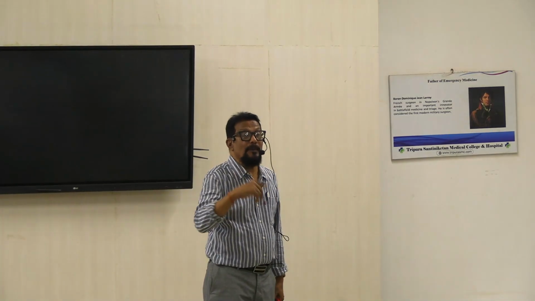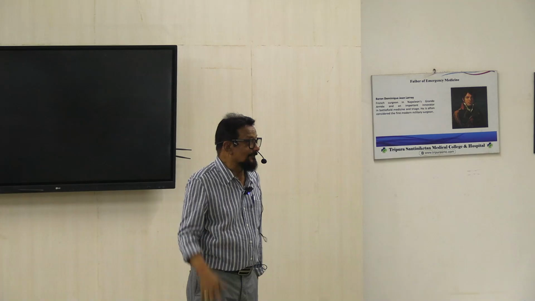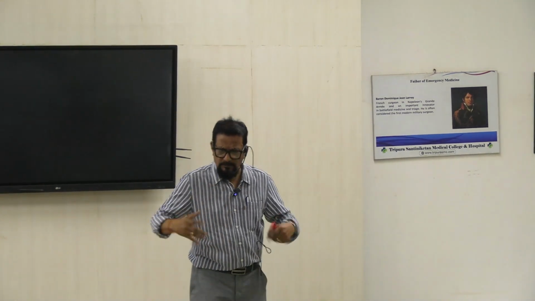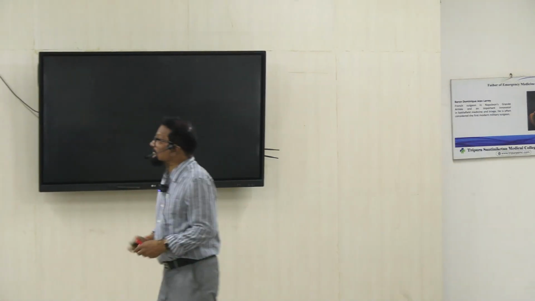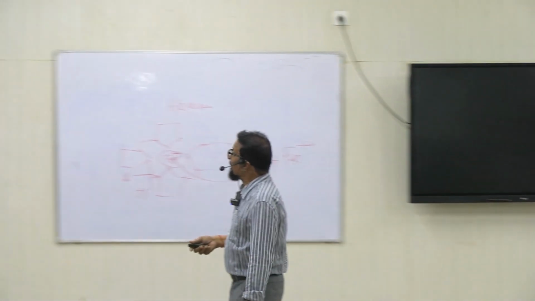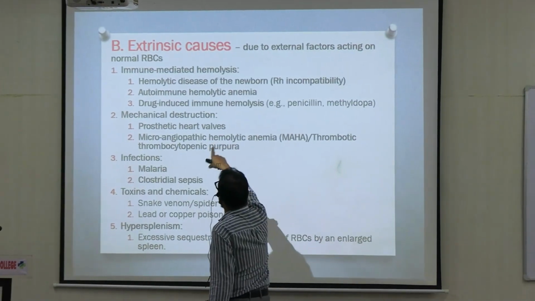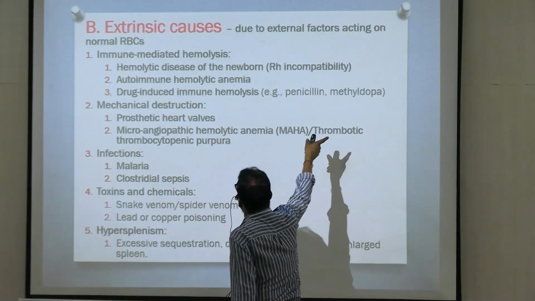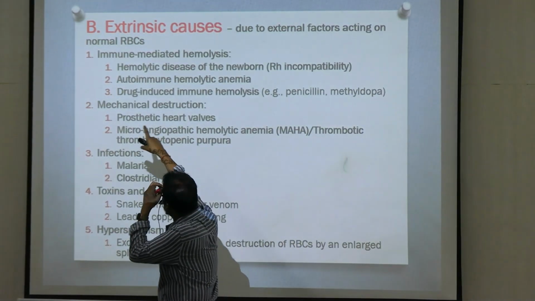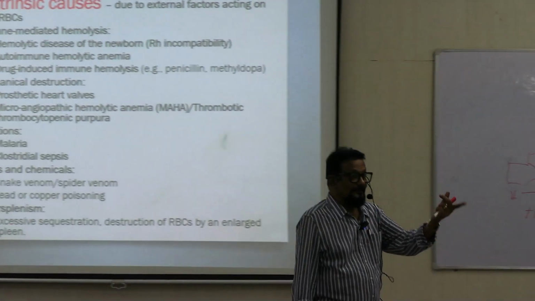Lupus nephritis is an example, and lupus erythematosus is a skin disorder. There will be inflammation of these organs because of this. So these are autoimmune diseases. Drug-induced causes like penicillin and methyldopa can also destroy normal RBC. Mechanical destruction can occur by a prosthetic valve.